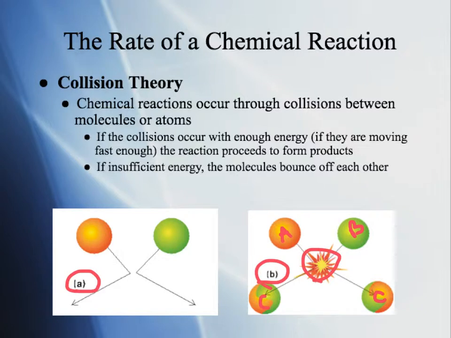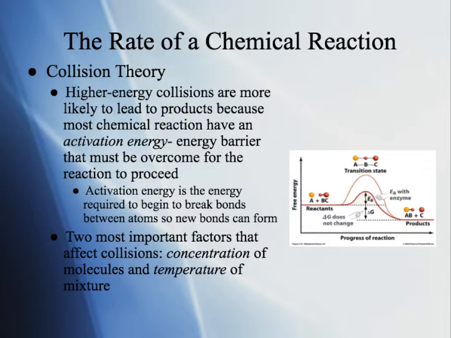However, in picture A here, we've got molecules A and B that don't have sufficient energy, and so they just bounce right off each other and don't make any products. So this is what the collision theory is all about. Let's take a look at it a little more in depth.